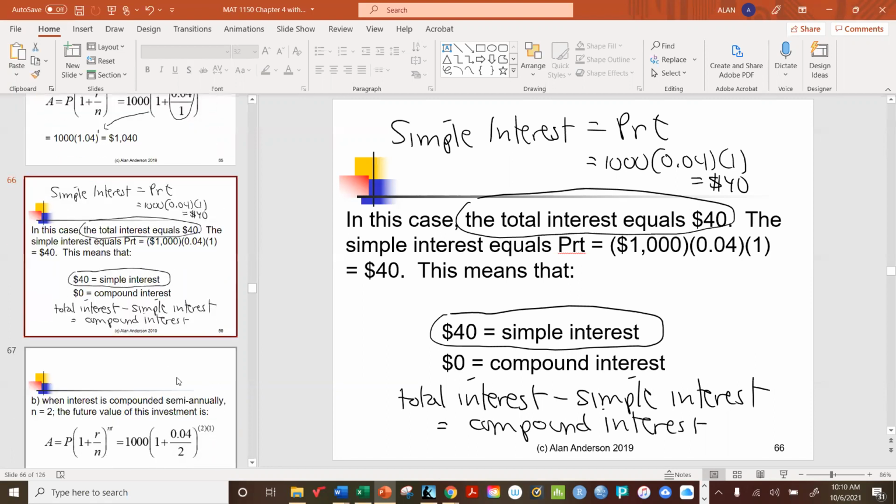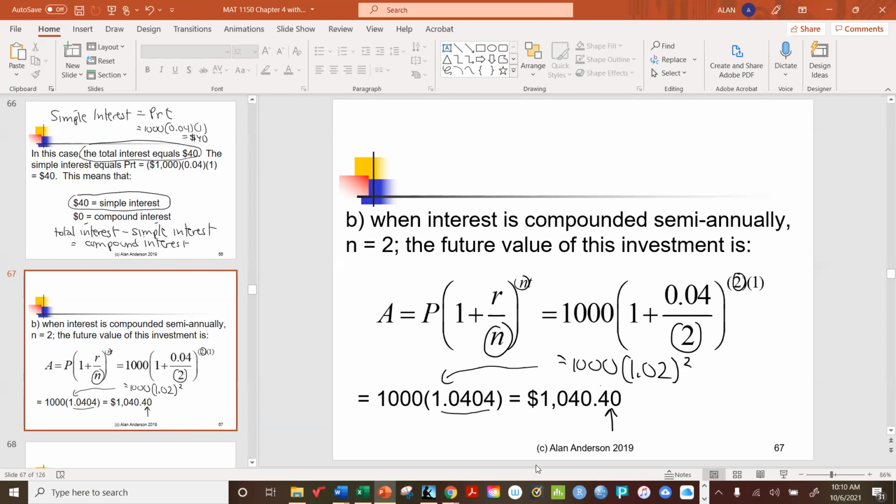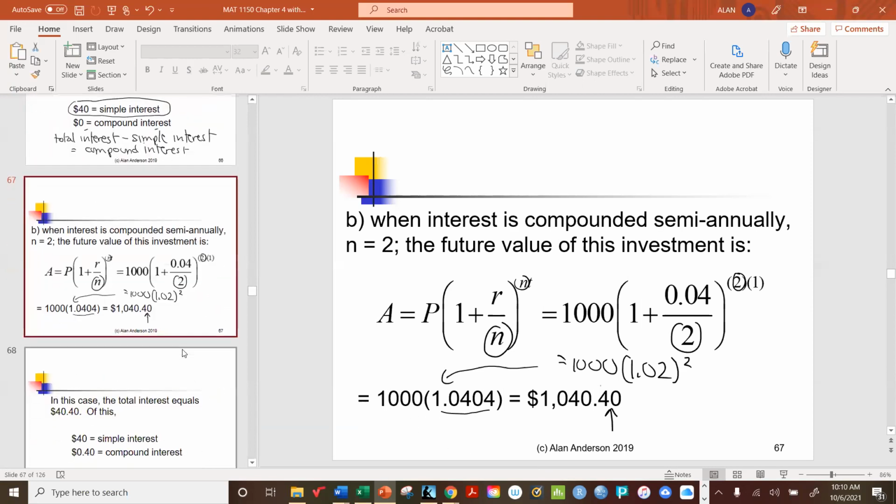All right, so let's try the second one. Now here, the only real change is that n is now 2. So instead of 1.04, this is actually 1.02 squared now. And when you square 1.02, you get 1.0404. So look, all of a sudden, instead of 1,040, we have these extra 40 cents here. Where did that come from? Well, that's our compound interest. But let's prove it by going through all the calculations.